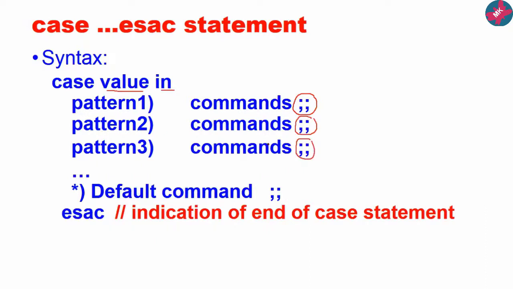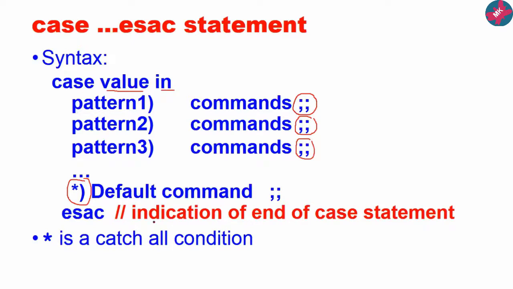In this way you can put any number of patterns, and in case you want to put a default, that is indicated by this star and this closing parenthesis. What this star and parenthesis means is that it is a catch-all condition.